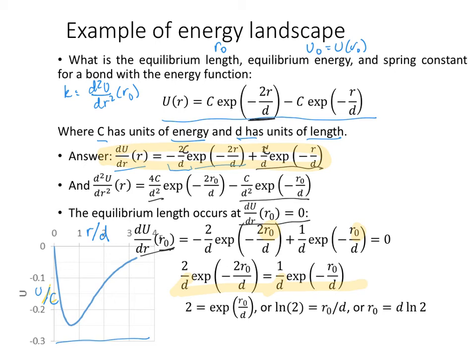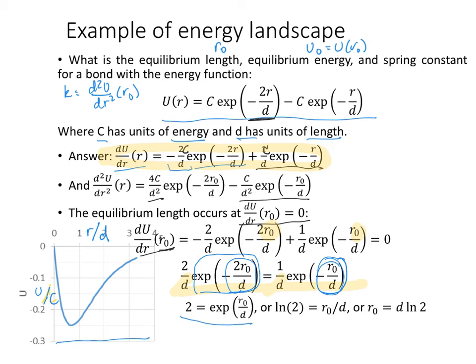The exponent here of negative R over D, when we divide that by this one, is simply subtracting this argument inside from the argument there. That's a property of exponents. And so that leaves us with 2 equals the exponent of R over D.